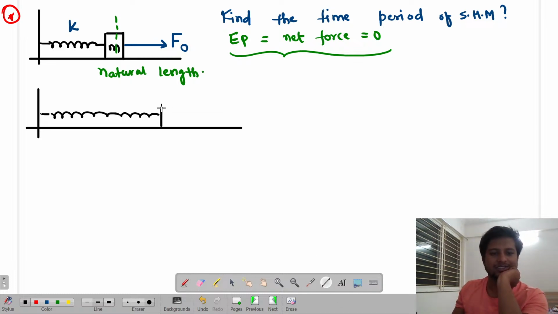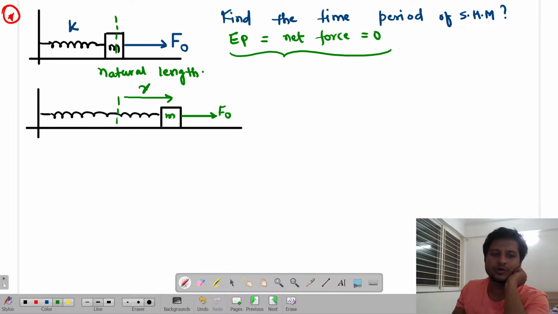अब ध्यान से देखो, एक ऐसा टाइम आएगा जहां पे स्प्रिंग स्ट्रेच होगा. क्या होगा? By this external force this spring will be stretched, and what will happen? This mass will be displaced by some amount from its natural length point, isn't it?